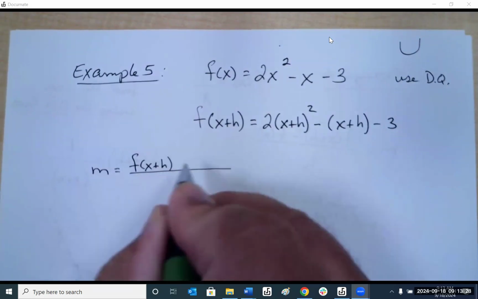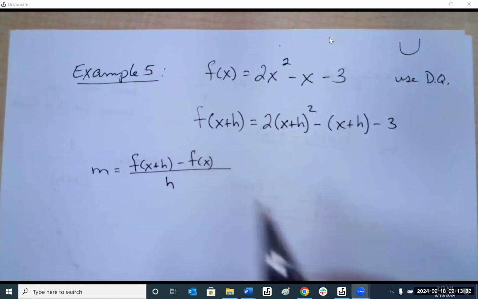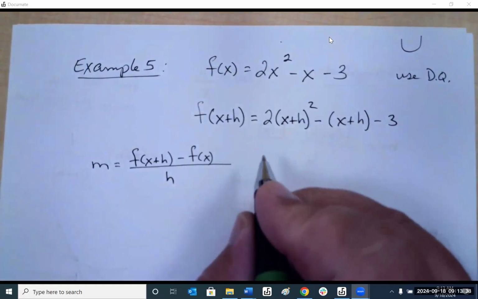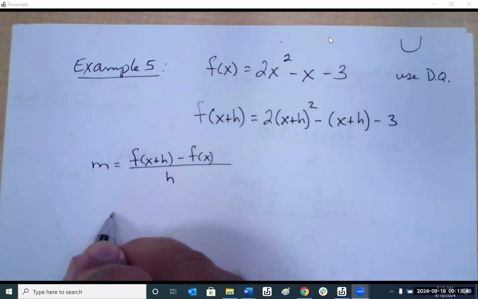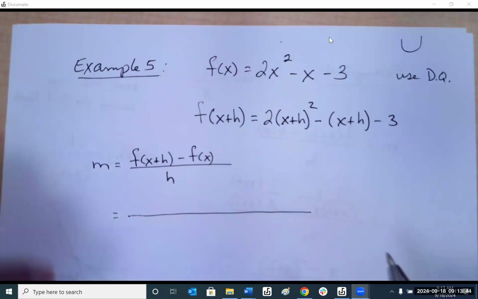Put down our formula, and plug in what we know so far.